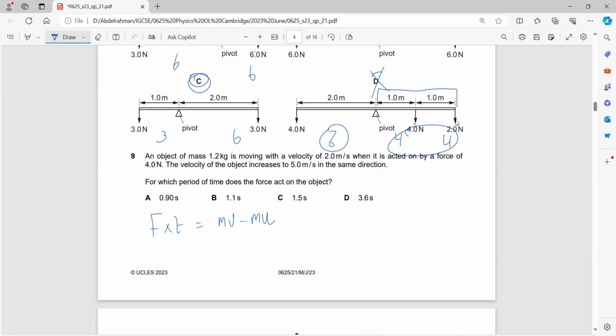We have the force, 4 newtons, times the time, which we do not know, equals the mass times v, 1.2 times 5, it's in the same direction, minus 1.2 times 2. To find t, it would be quite easy: 1.2 times (5 minus 2) over 4, and this would give a final answer of 0.9 seconds.